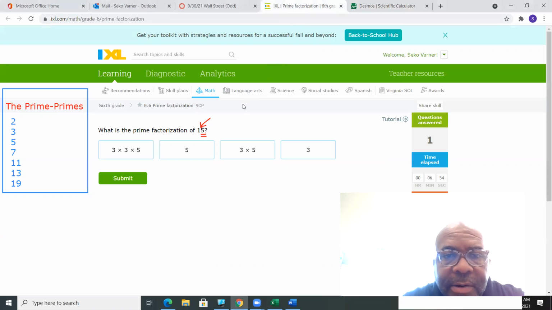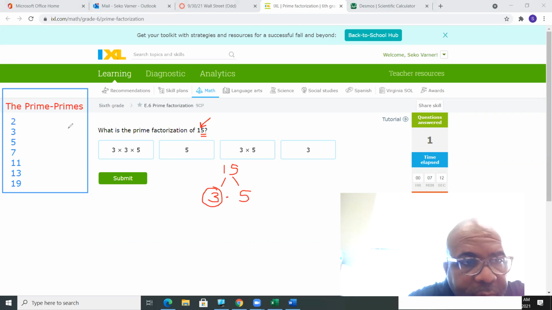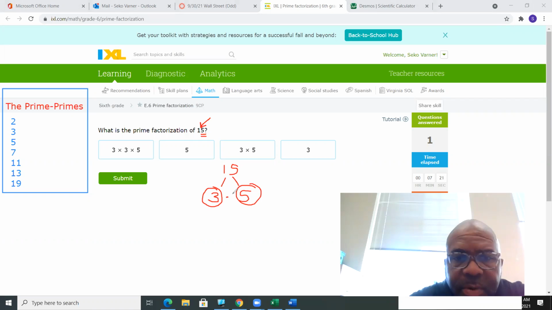So we can come back here and say 15 is 3 times 5. Now, 3 is a prime number and 5 is a prime number. Since both of the factors are primes, we can say 3 times 5.